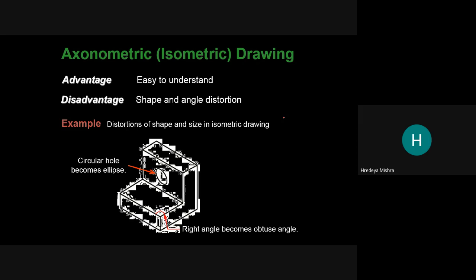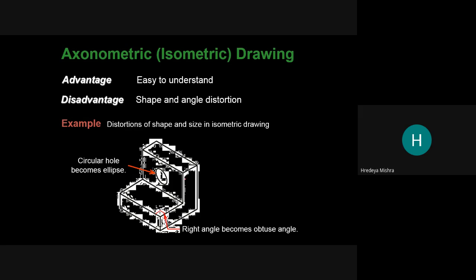So what happened? See here, this circular hole becomes elliptical in the isometric view, and this is 90 degrees, meaning a right angle, but the right angle becomes an oblique angle.